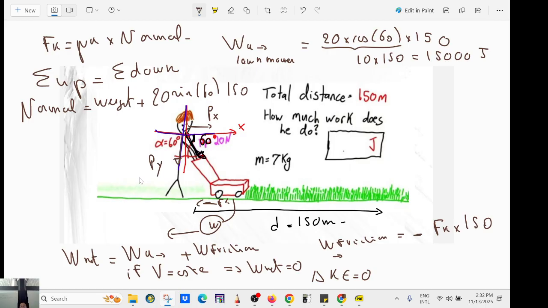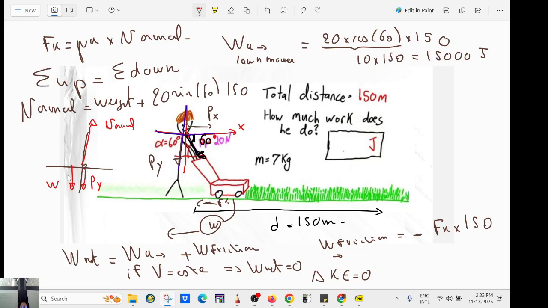So that's from the last unit. It's just reviewing. If I do a free body diagram, you have the y component of the force, you have the weight of the lawn mower, and you have the normal force. Along the y-axis, it's in equilibrium.